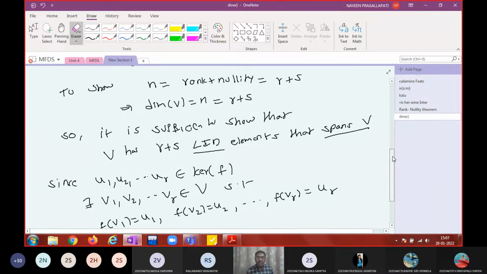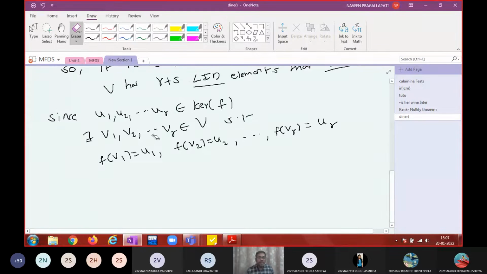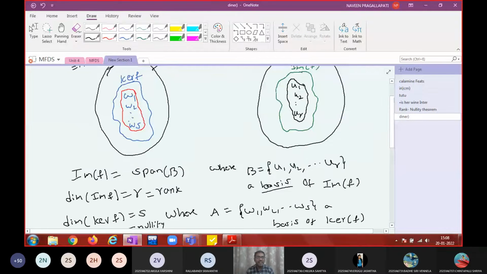So for that, I'm going to show that a set C, which is v1, v2 and so on, vr, together with the basis elements of the kernel, w1, w2 and so on, ws, no?